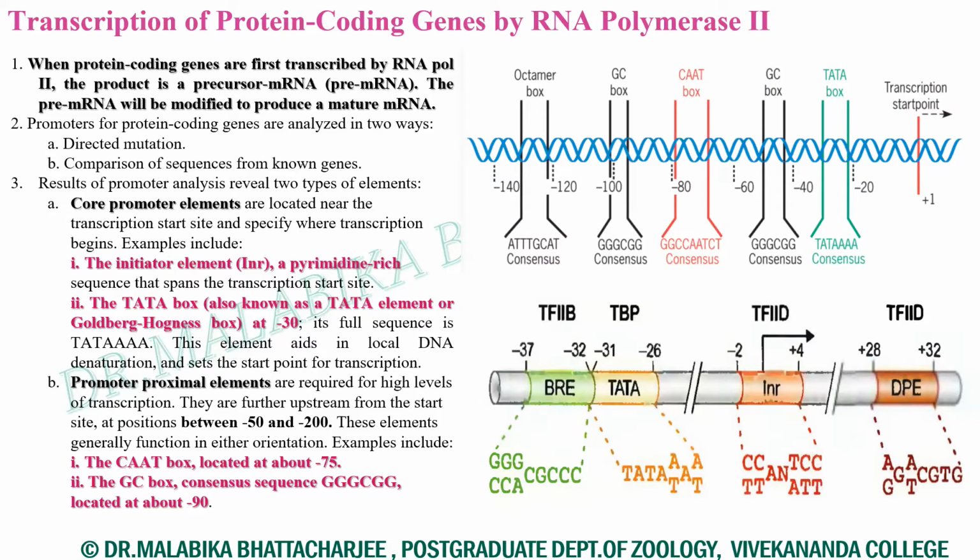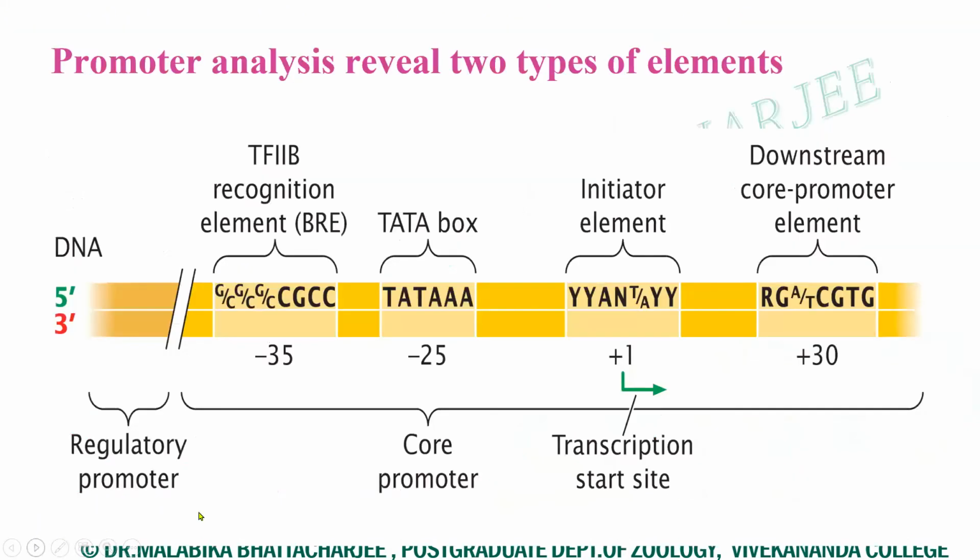Let me show this with another picture. If we have a start site, for transcription initiation, and we move upstream, we have around 50 base pairs upstream from the transcription initiation site.